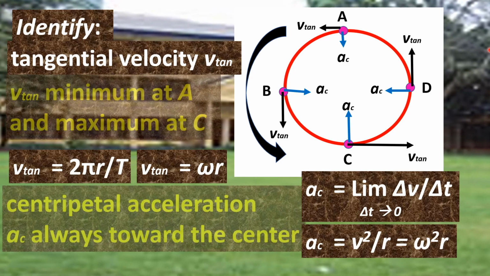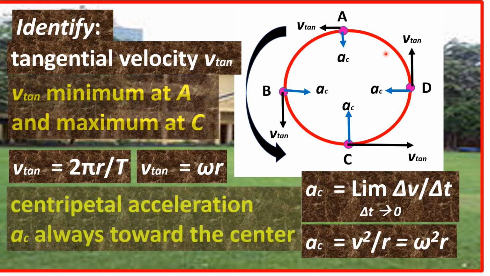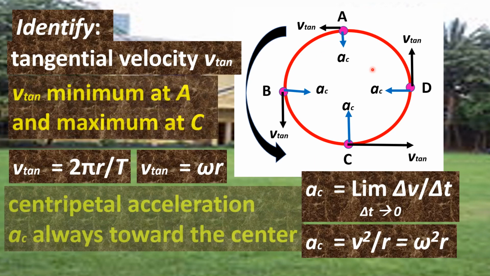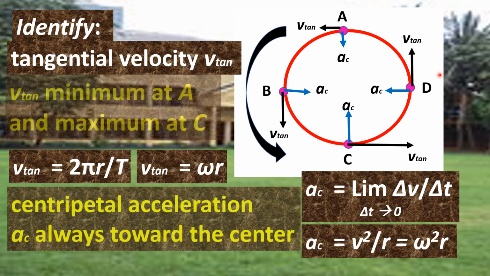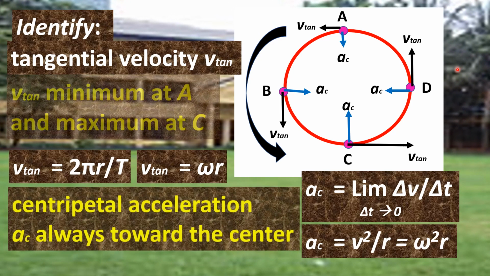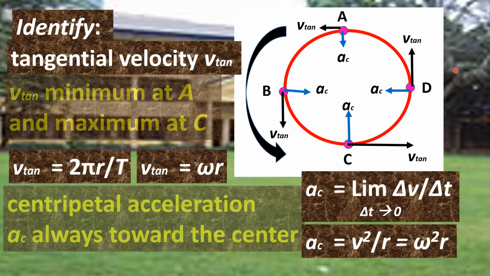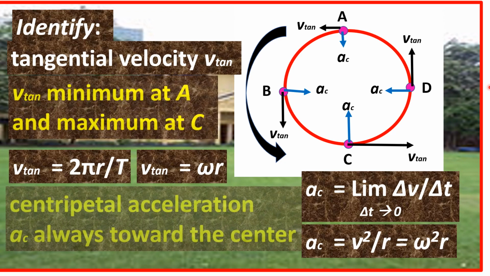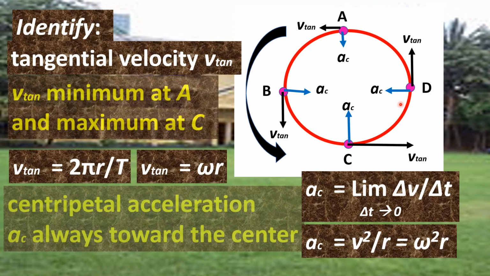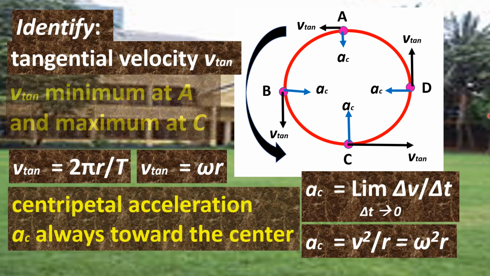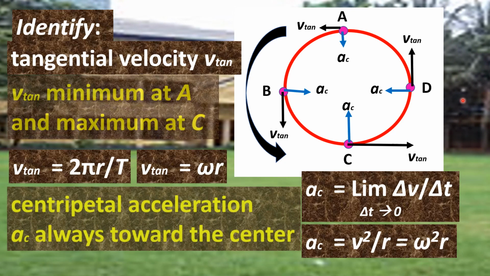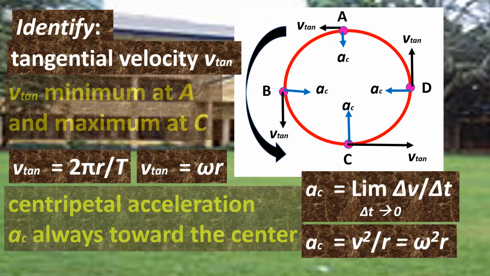And if you're going to do your derivatives, this instantaneous acceleration will be equal to the square of the tangential velocity, v squared, divided by the radius r. And it is also related to the angular speed omega as shown in this equation. That is, a sub c is also equal to the product of the square of the angular velocity omega and the radius of the circle, small letter r.